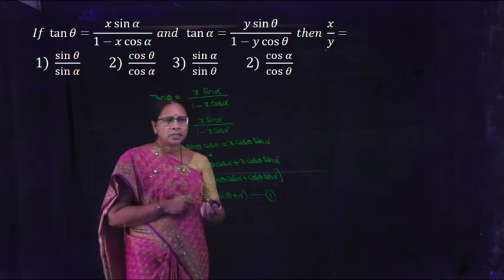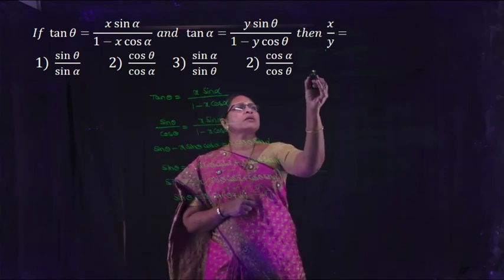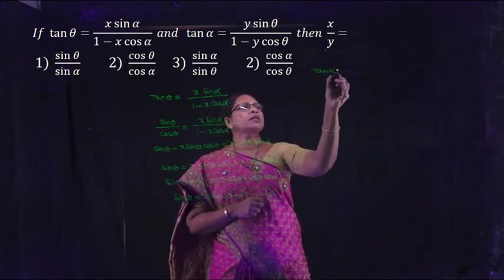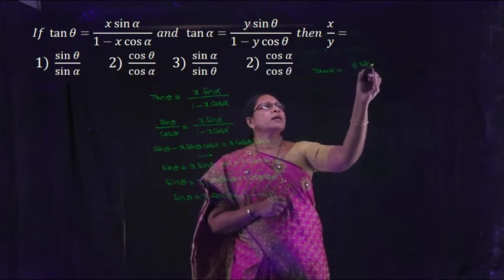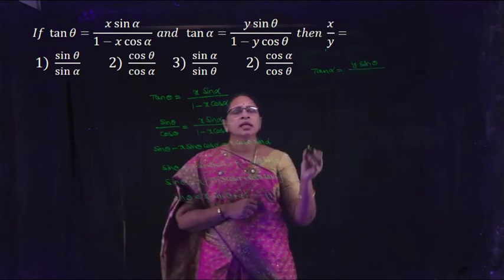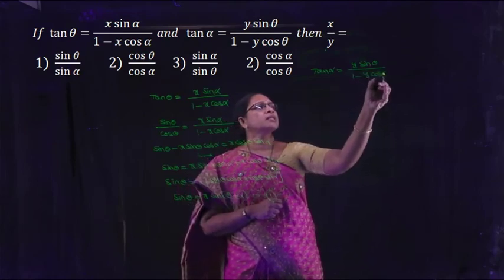Next, according to the given problem, tan alpha is equal to y sin theta by 1 minus y cos theta.